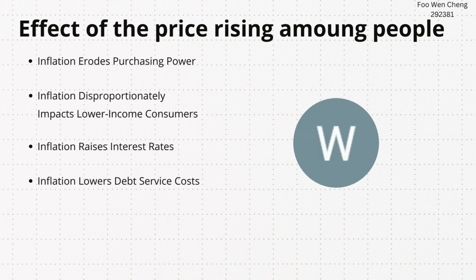Lastly, inflation lowers debt service costs. While new borrowers are likely to face higher interest rates when inflation rises, those with fixed rate mortgages and other loans get the benefit of repaying them with inflated money, lowering their debt service costs after adjusting for inflation.